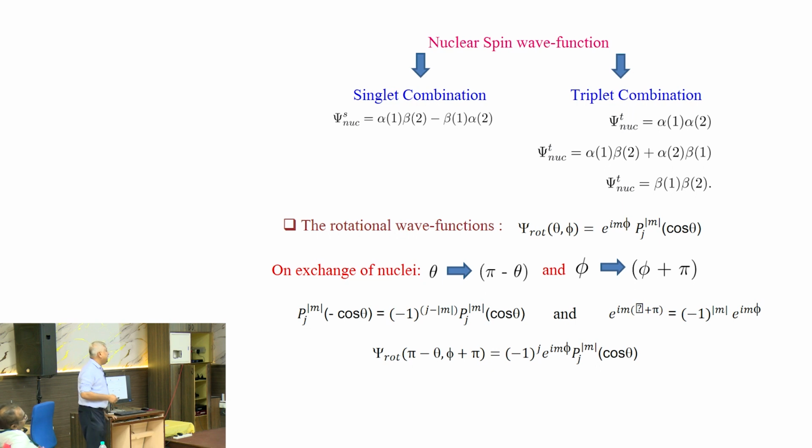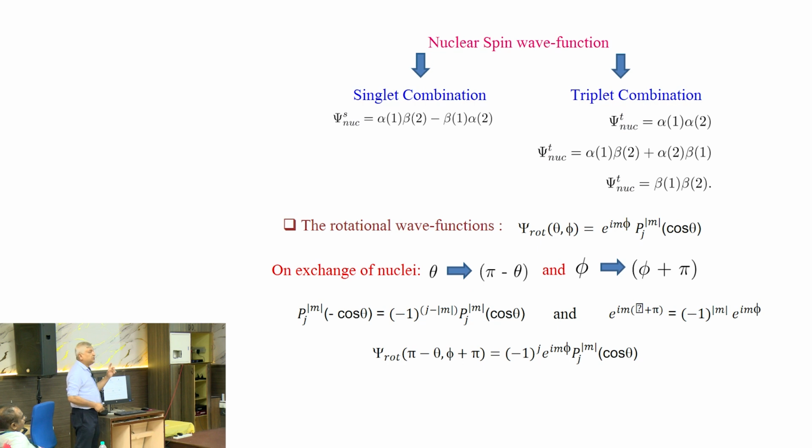The nuclear part can have two combinations, singlet or triplet, but the final wave function must be antisymmetric. Now, if you consider rotation, e to the power i m phi, P_j^m cos theta, and you change theta to pi minus theta and phi to phi plus pi and substitute, you get minus 1 to the power j, e to the power i m phi. Now, the final has to be antisymmetric, so this is already antisymmetric.